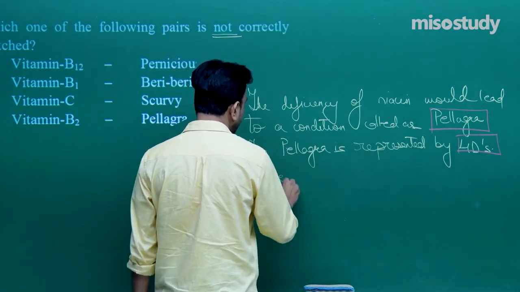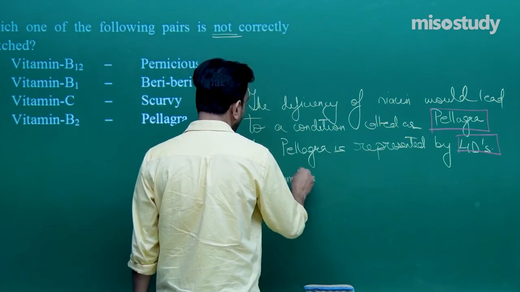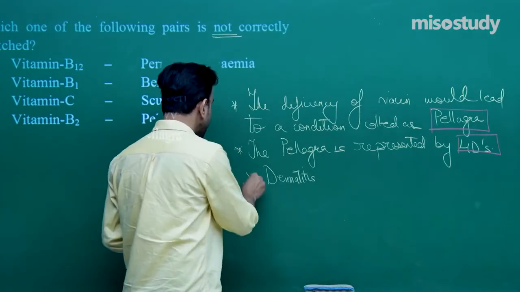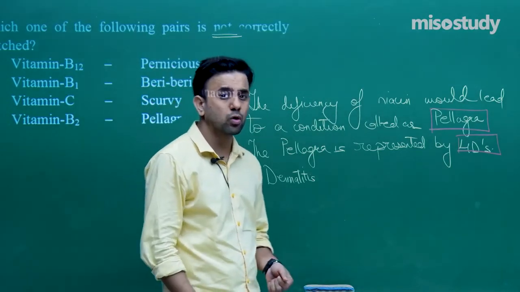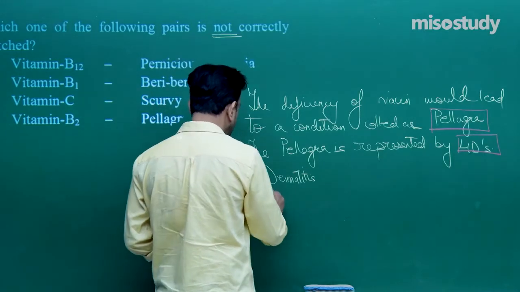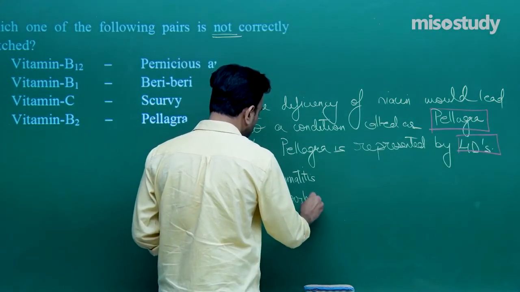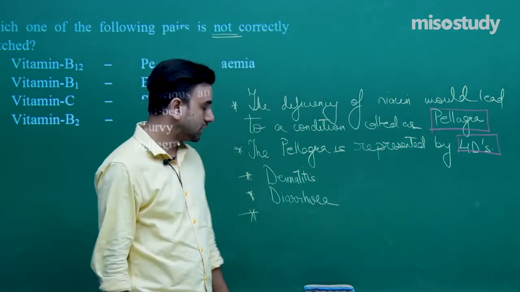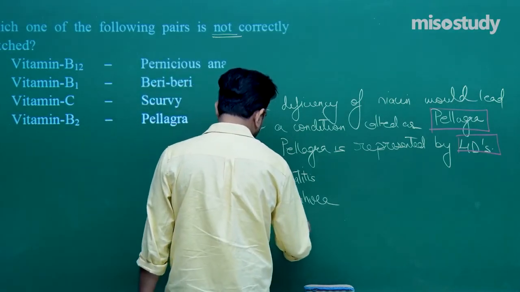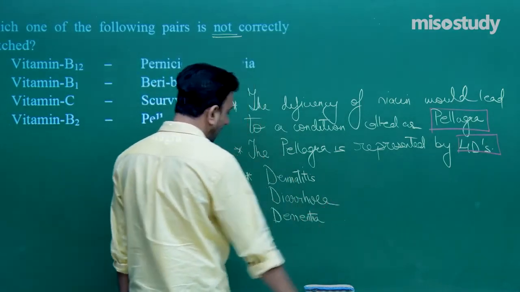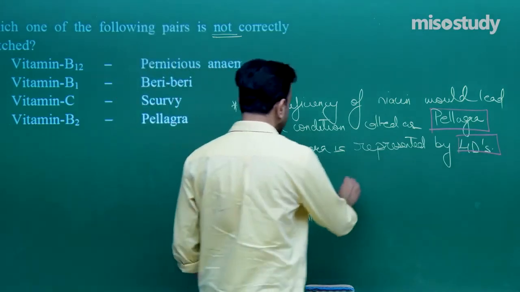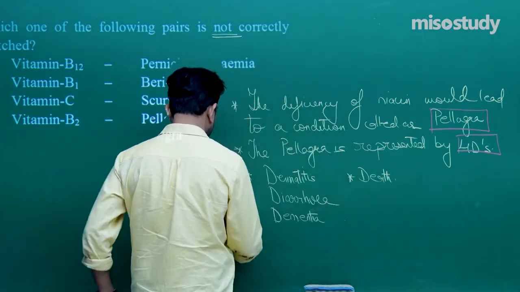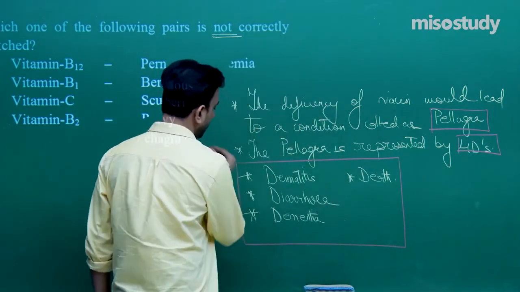We will see dermatitis, that is a disease and infection of the skin. After dermatitis, we are going to see diarrhea, then dementia, and then death.